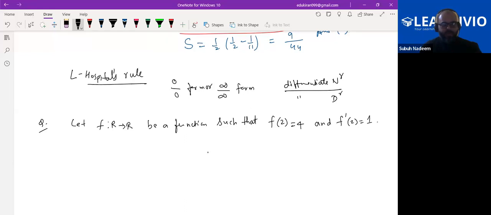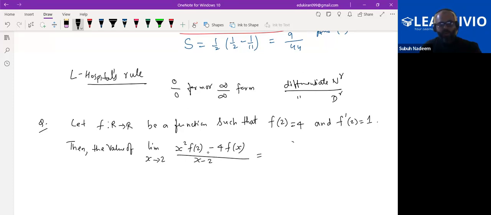Then the value of limit x approaching 2 of (x squared f(2) minus 4f(x)) upon (x minus 2) is equal to, options are given 4, 8, 16, 12.